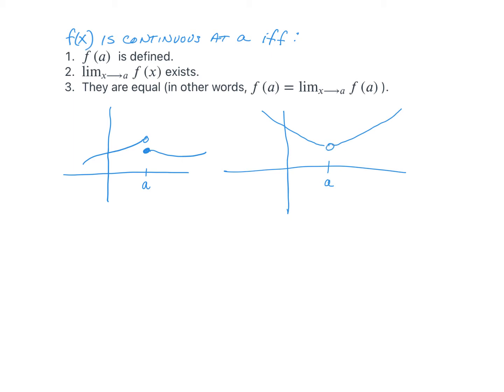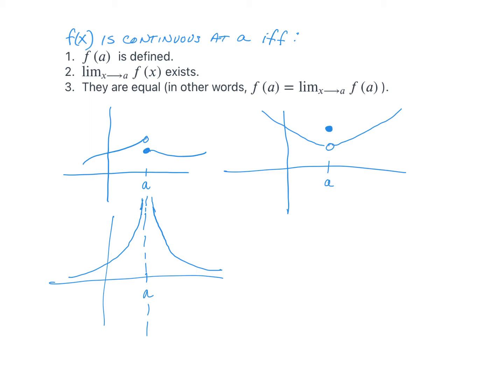And then a third scenario. Here's A, and let's say I have a vertical asymptote here, going up to infinity on both sides.